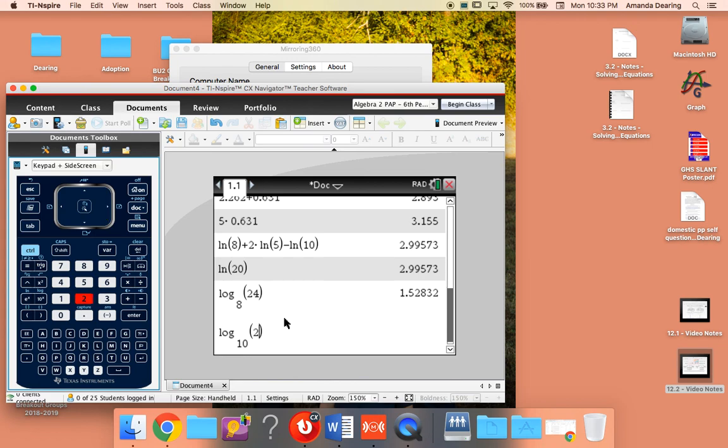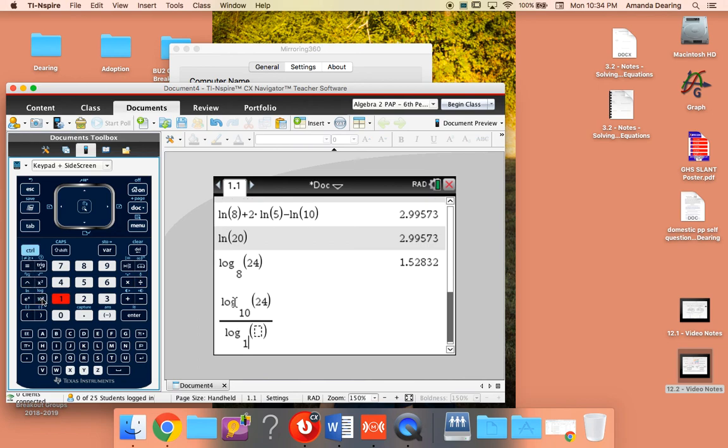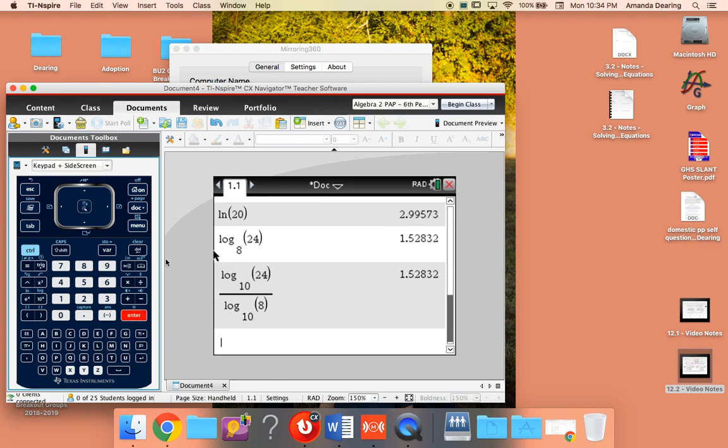So then this would be log of the big, log of 24. And I just realized I need to make a stacked fraction. Beautiful. And then that would be over log of the base. The base was base 8. So that would go there. Now remember, you're making it into the same base, the common log base, base 10. Ah, look at that, 1.528.